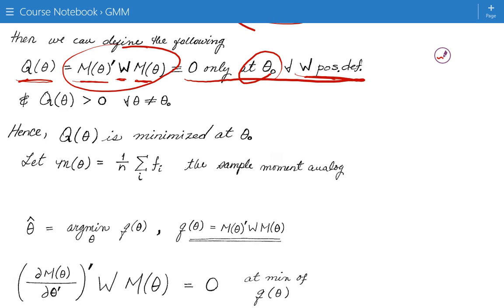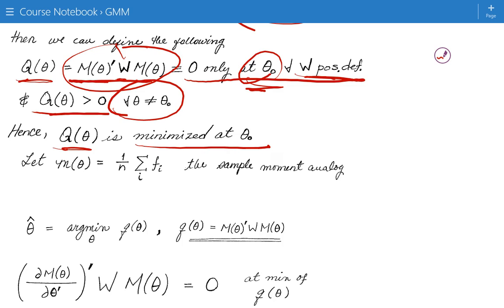This is that quadratic expression in which W is a positive definite matrix, and that means that the M'WM quadratic is only equal to 0 at theta naught, and Q is greater than 0 for any theta that's not equal to theta naught. Consequently, Q is minimized at the true value.